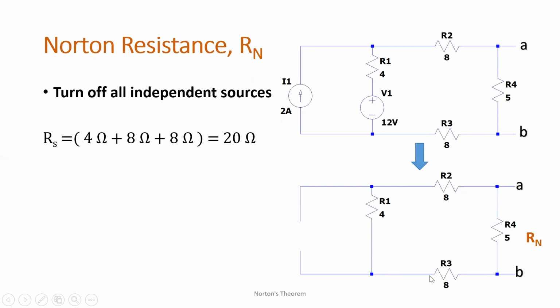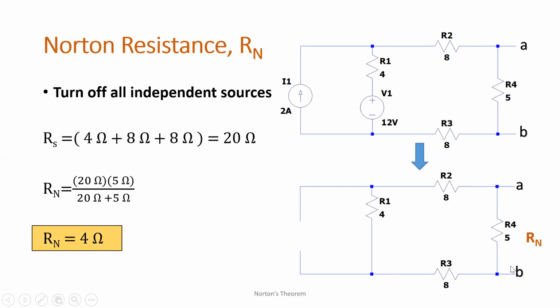And then this equivalent resistance is in parallel with 5 ohms. So 20 times 5 over 20 plus 5 equals 4 ohms. That is our equivalent resistance at points A and B. R sub N is equal to 4 ohms, our Norton resistance.